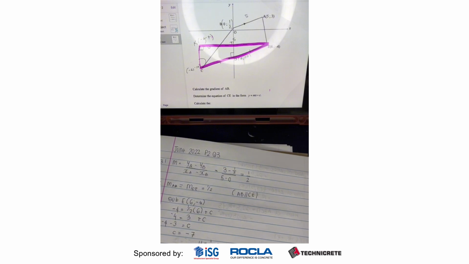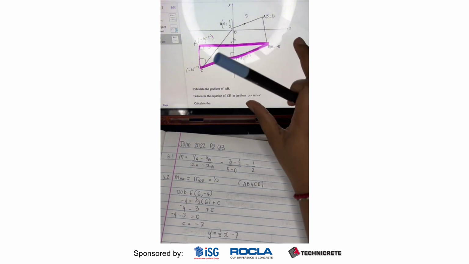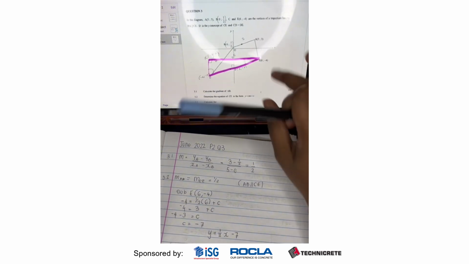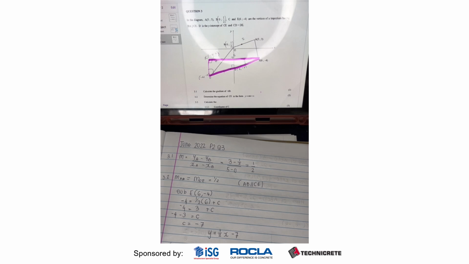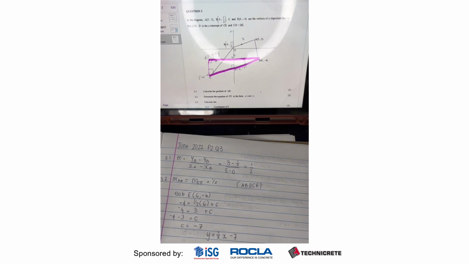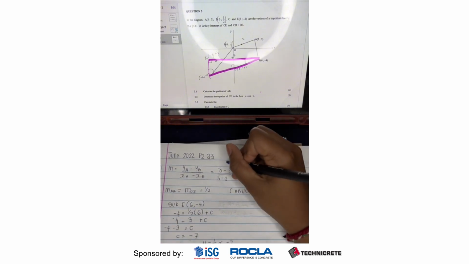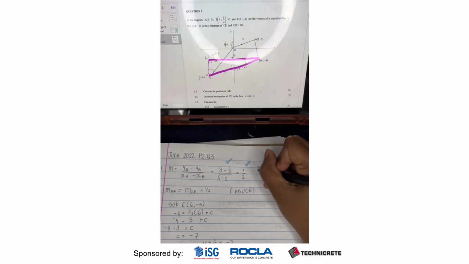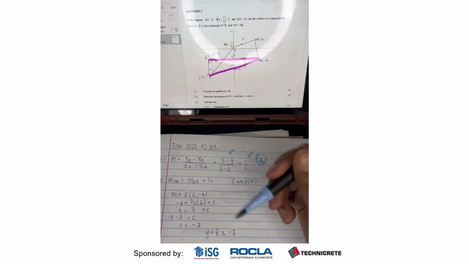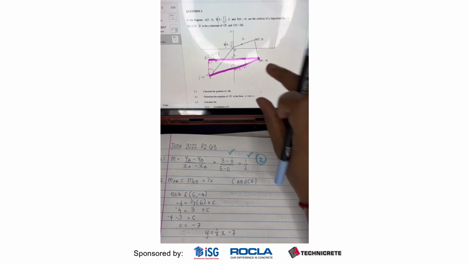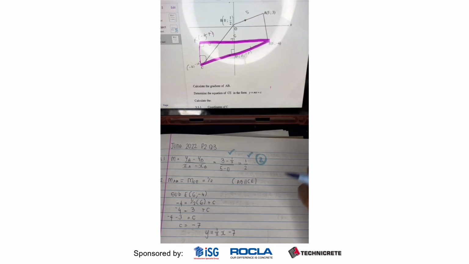Okay, let's take a look quickly at our mark allocation. The first question that we had, where we had to determine the gradient, was just 2 marks: 1 for substituting into the formula, and 1 for your answer. The second one, where we had to find the equation: 1 for knowing the gradient, because you had to know the rule of parallel lines.